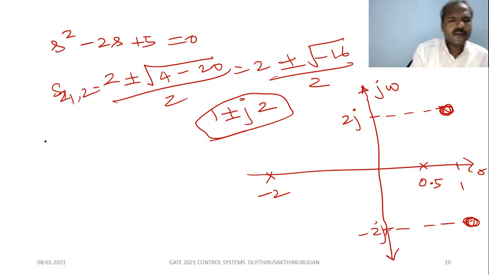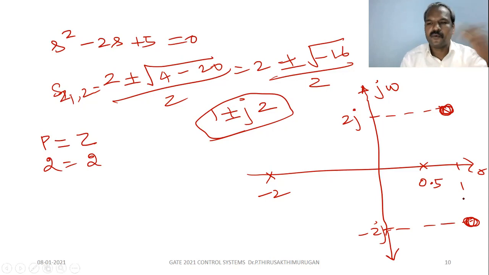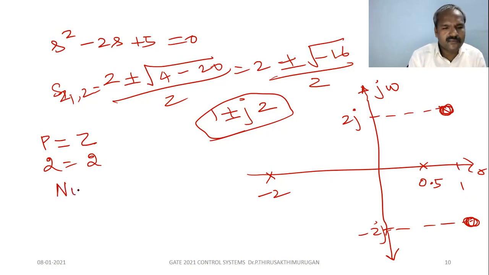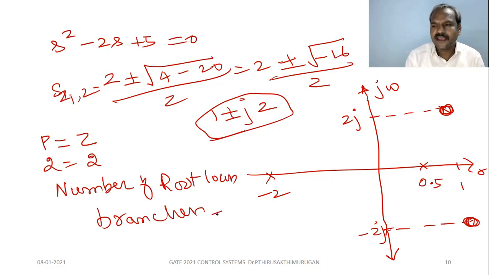Okay. So here the condition is that the number of poles equals the number of zeros. Both are 2. So the root locus is also symmetrical about the real axis. Number of root locus branches: what is the condition?